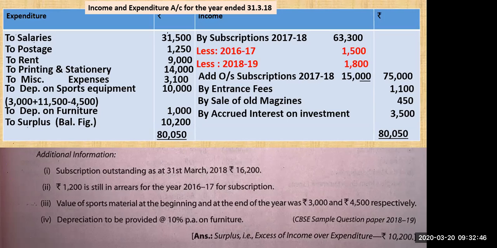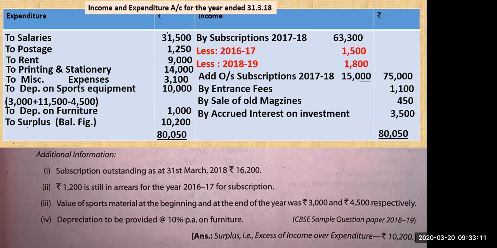You can see question number 42. 42 में देखो first additional information, page number 1.69. First part, outstanding subscription for the year ended 2020 were 55,000. It is clearly mentioned that 55,000 relates to that particular period. Clear? Yes, sir.